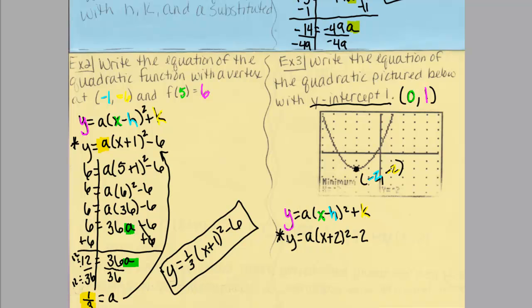Our y is pink, and what is pink is 1. Our x is green, and what is green is 0. Plus 2, squared, minus 2. Okay. Do parentheses first. 0 plus 2 is 2. Now we need to square our 2, which is 4. We're going to flip-flop our a and our 4 to just be 4a minus 2.